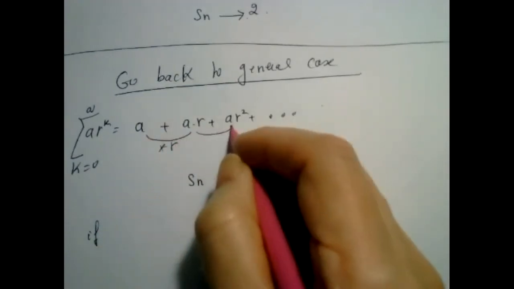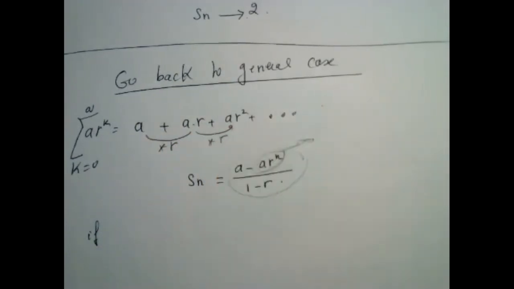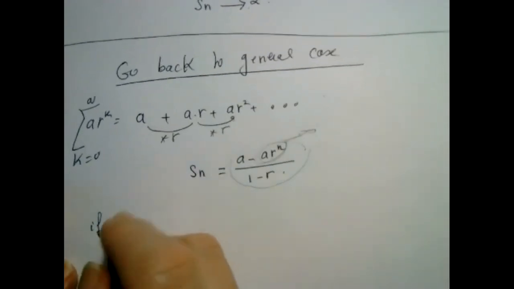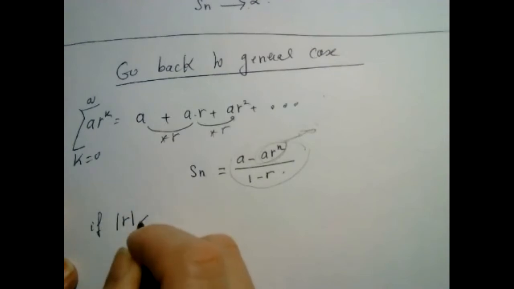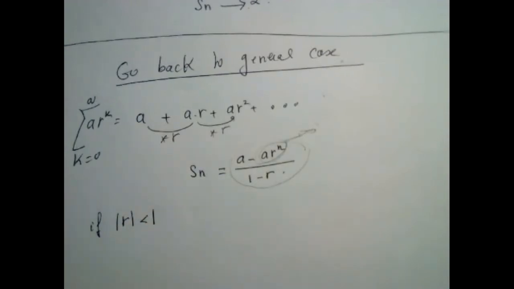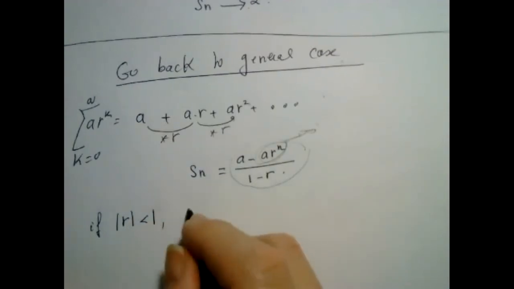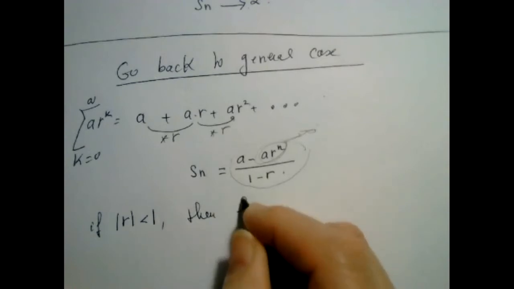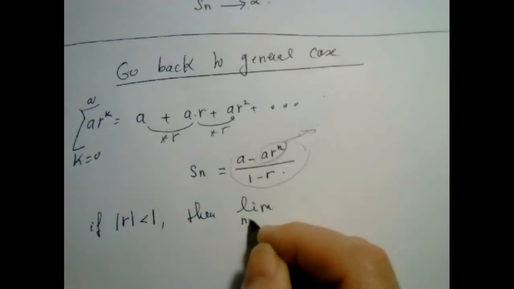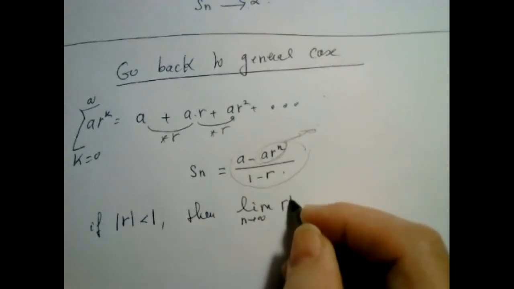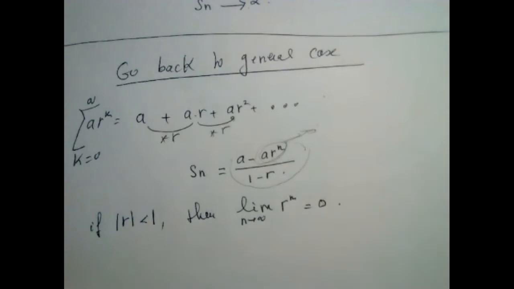If the ratio is less than 1, it will converge. If the ratio is bigger than 1, it's going to diverge. So now let us sum this up. So if r in absolute value is less than 1, then the limit of r to the n, that's what we saw last time, is equal to 0.